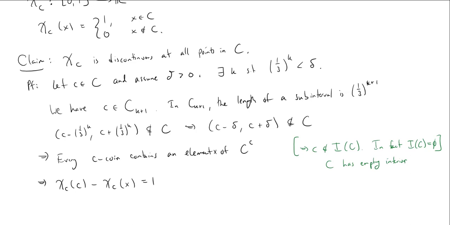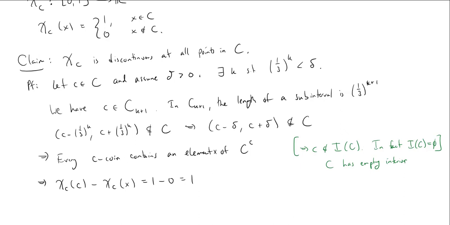When I apply it to something in the complement, I get 0. And so the difference is 1. So in every c-coin, I have points whose chi_C images are 1 apart. But that is going to contradict continuity.